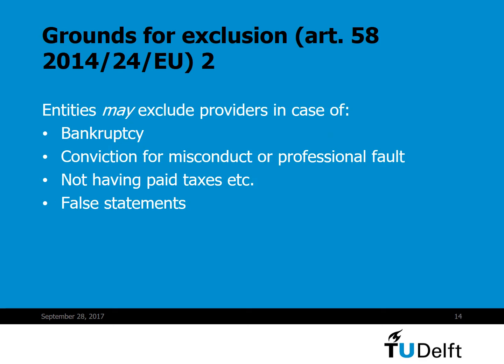You also have the possibility to exclude providers when they're bankrupt, when there's been a conviction for misconduct or a professional fault, they didn't pay the taxes or they made false statements. If a contracting agency does not find this all that important or thinks maybe that does not really occur, it is not obliged to use these exclusion grounds.